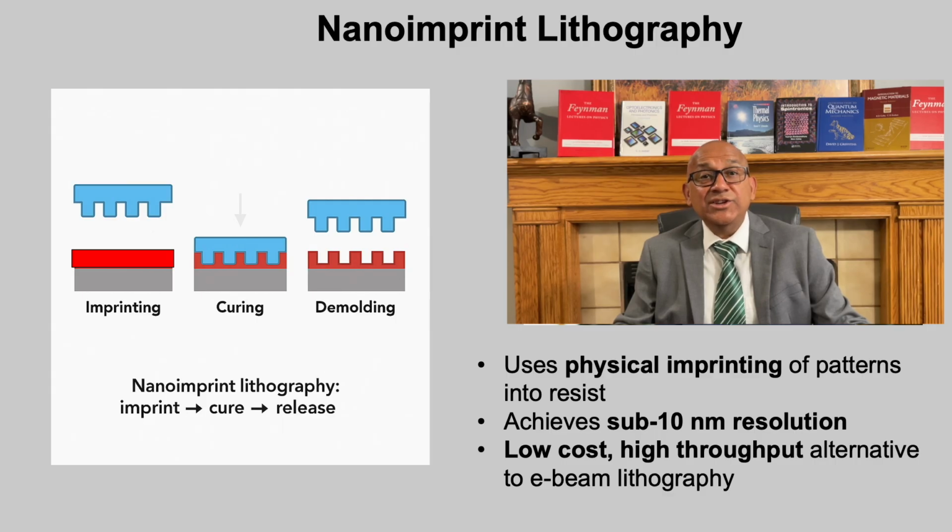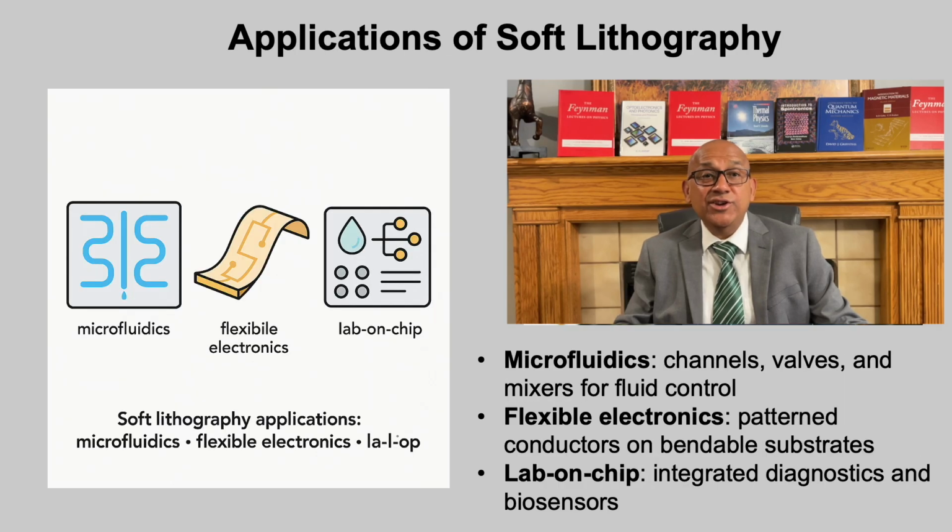This technique can achieve sub-10 nanometer resolution, rivaling electron beam lithography, but at a fraction of the cost. Because it is both low cost and high throughput, Nanoimprint lithography is widely used in fields like data storage, photonics, and flexible electronics.